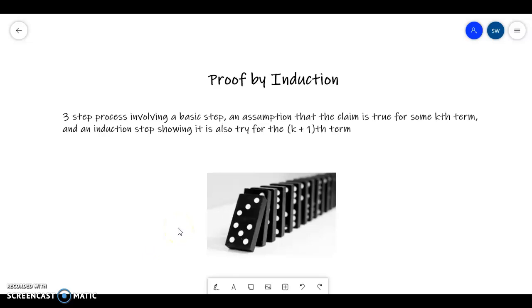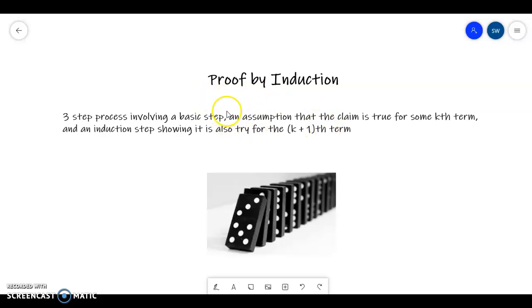So proof by induction is used when you have a given claim that is usually true for all n, usually integers, where it's a statement that's saying this is always true no matter what you plug in or substitute. The way that we prove that is this three-step process. It involves a basic step where you just show that it's true for the first case scenario.